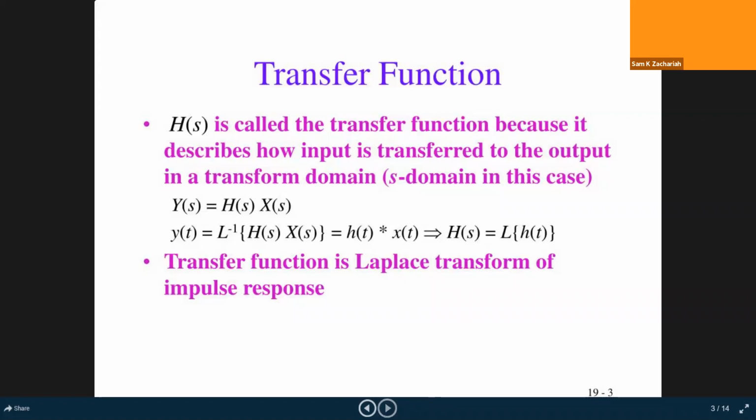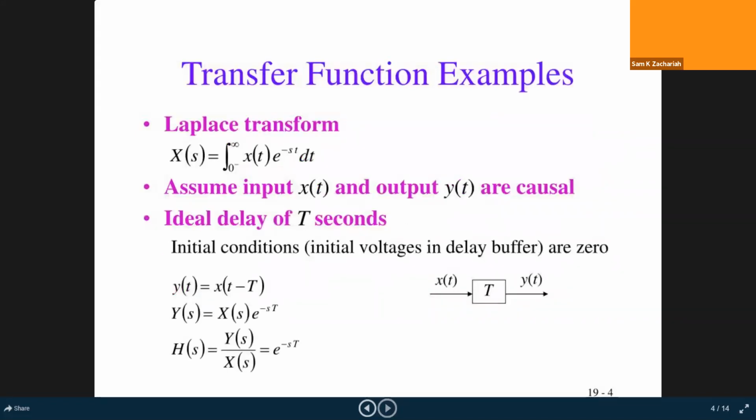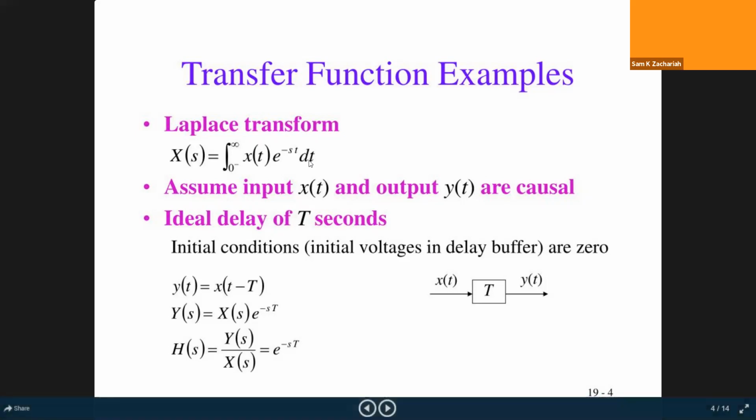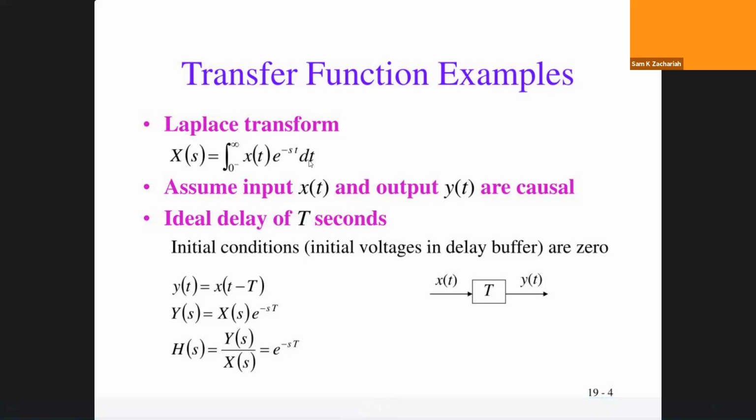Okay, then we will go to some examples of Laplace transfer function. This is the definition of Laplace transfer function. There are other definitions too. You might have seen the integral from minus infinity to plus infinity of x(t) e raised to minus st dt. But here we assume that all signals are causal. That is, we are not considering negative time.